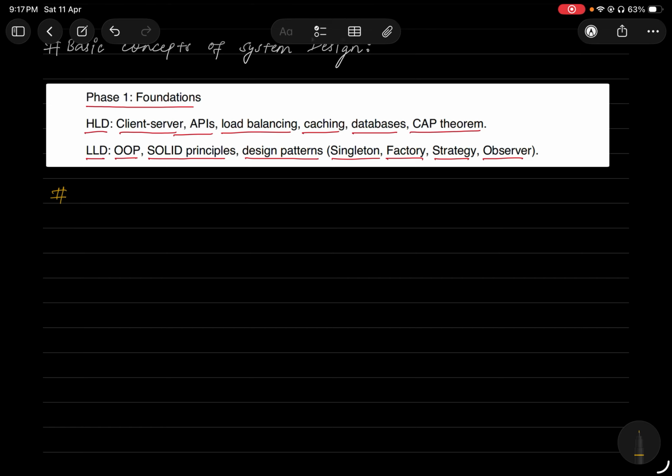So, what do you mean by concepts, and which concepts we have to learn? There are some terminologies related to system design.